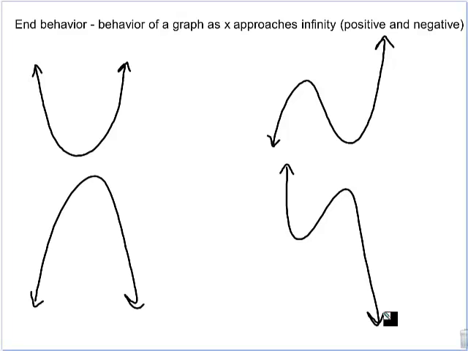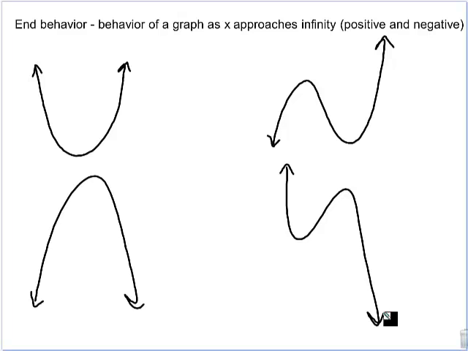Based off these shapes, we're going to just describe where the ends of the graph are going. And we also will be able to tell what the leading coefficient is and the degree of the polynomial as far as if it's even or odd.